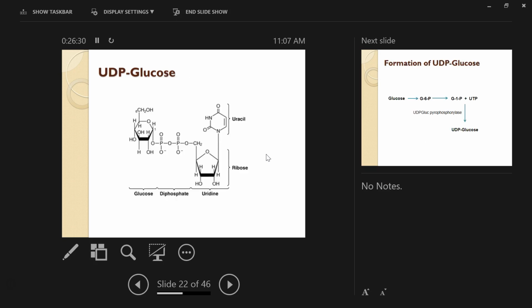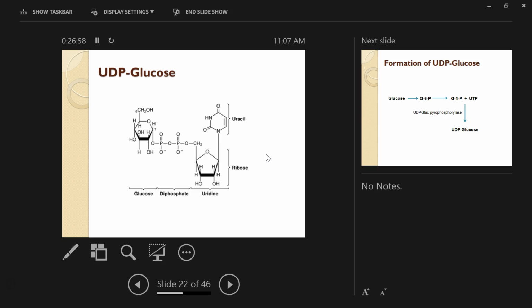So this is a UDP glucose, you're right. It's a UDP glucose, not a UTP again, right? So UDP is uridine and two phosphate groups, right. And one glucose molecule is linked to the UDP, forming UDP glucose.